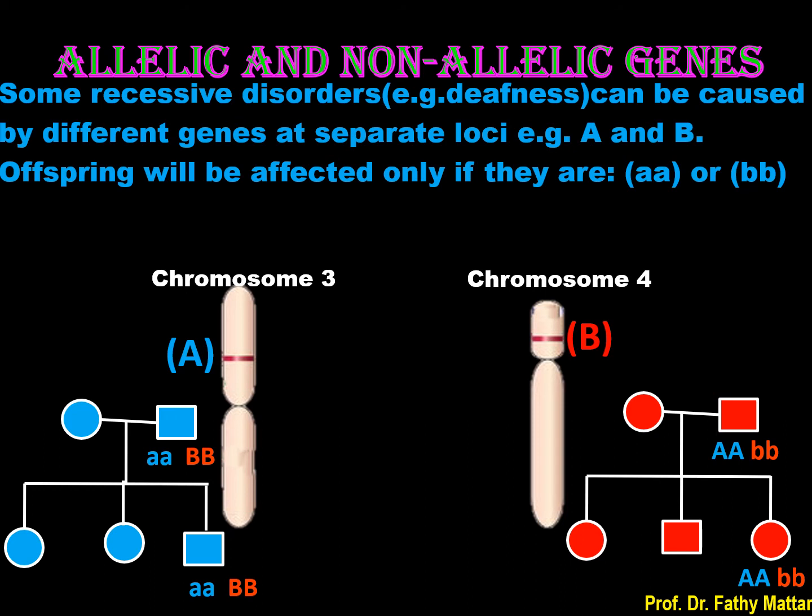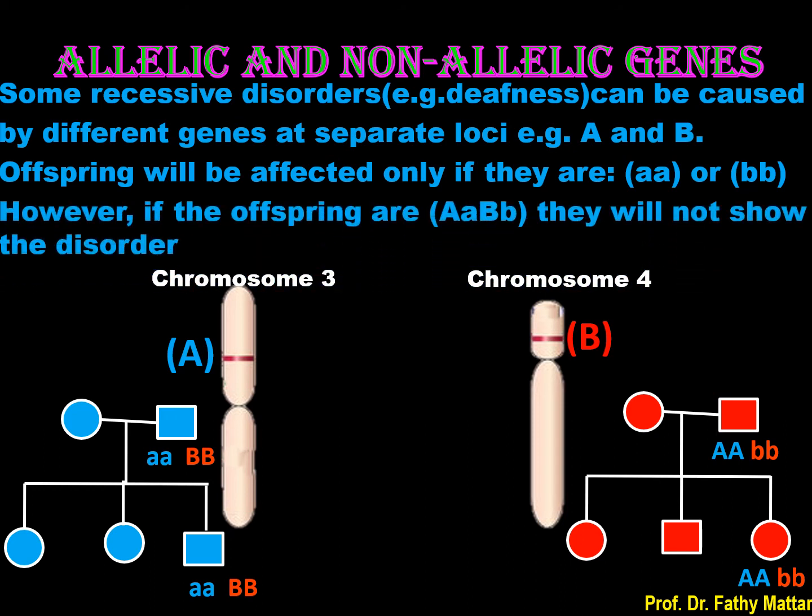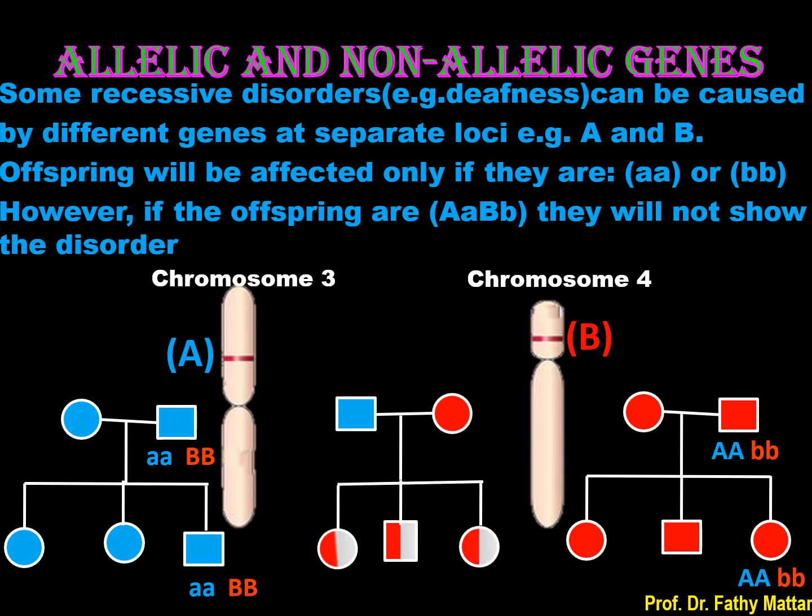But if someone from this family marries another one from the other family, their children will be heterozygous for both genes, A and B, and so their children will not be deaf. Why? Because the two are non-allelic.